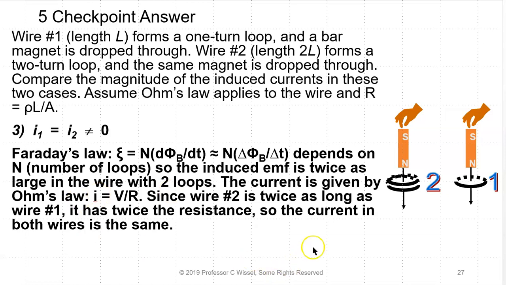So the induced EMF is twice as large in the wire with 2 loops as it is in the wire with 1 loop. The current is given by Ohm's law, I equals V over R. But wire 2 is twice as long as wire 1, so it has twice the resistance. So these two effects are going to cancel out. They wind up with the same current, but it's not equal to 0.